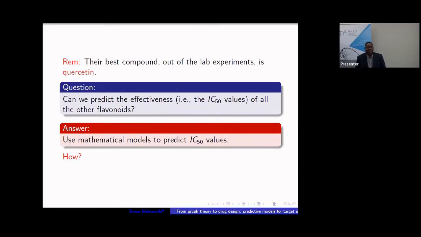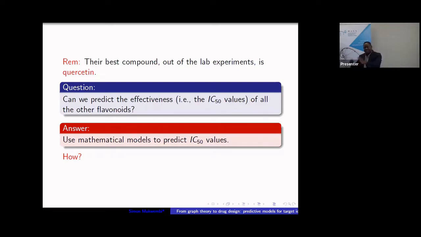And we then said, well, if you look at these IC50 values, these are numerical values, and that lies within the domain of mathematics. And on the other hand, we have compounds, and these are graphs, so those are also mathematical structures. So we have two things here. On one side, a graph, which is a mathematical object.